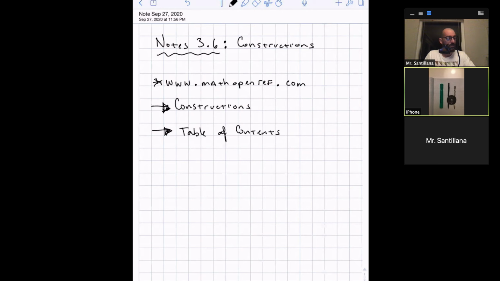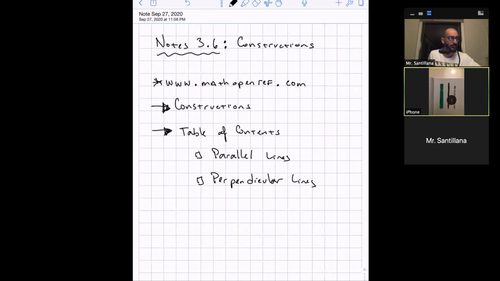And we are going to be looking at parallel lines, as well as perpendicular lines.